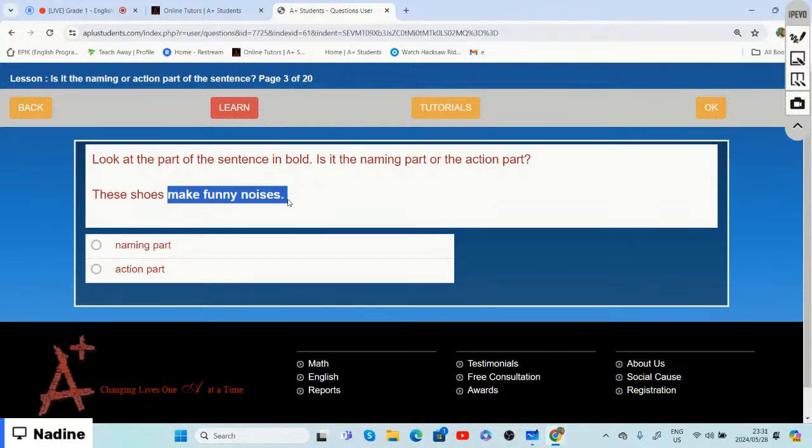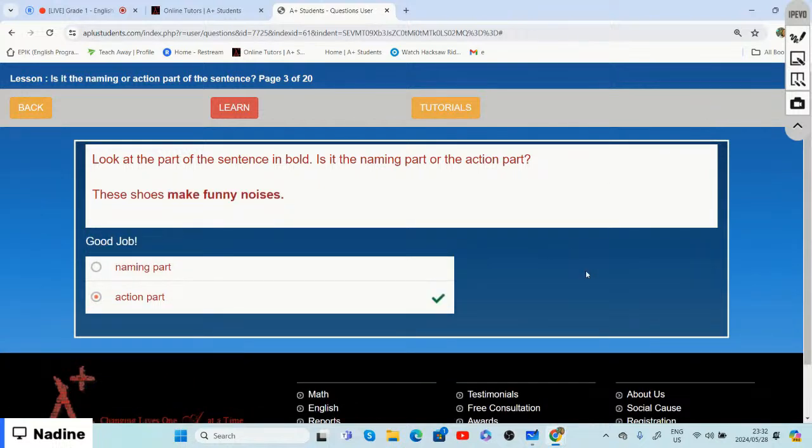And if we look at make funny noises, then we can say it is an action part, because the shoes is a naming part. And what do the shoes do? They make funny noises. So it is an action part of a sentence.